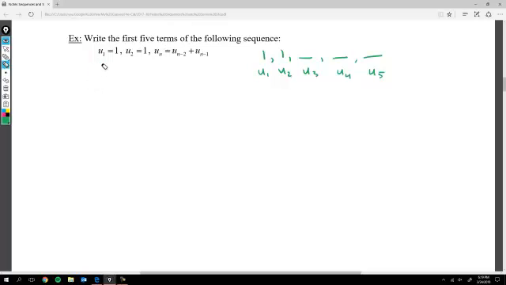Okay, well, thankfully I'm given this statement right here. It says that u sub n equals u sub n minus 2 plus u sub n minus 1. So if I wanted to find my third term, which is u sub 3, then I'm just going to take 3 and plug it in for n, because that is my variable. That's the value of my variable here.